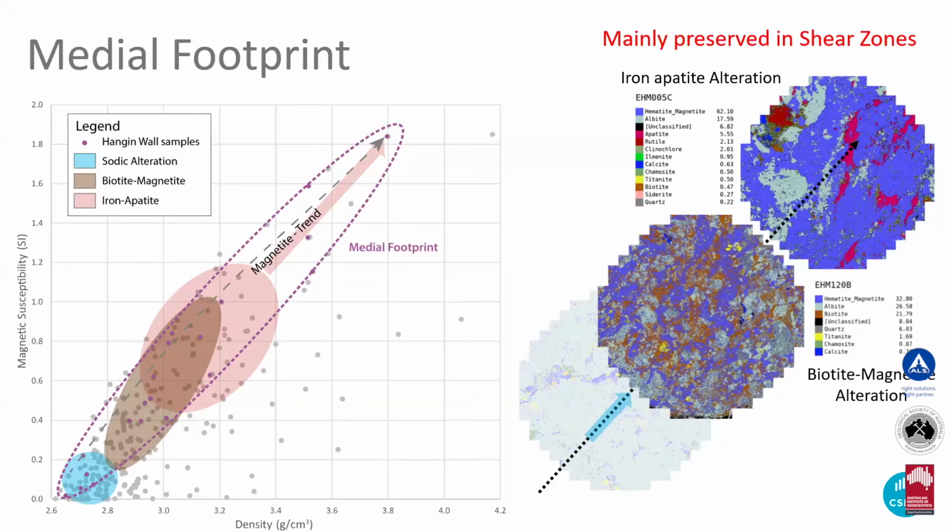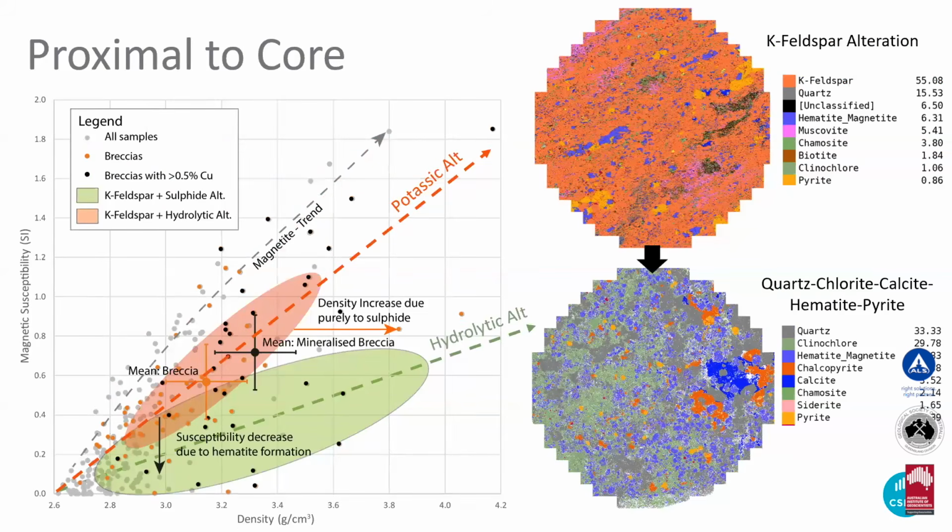Well, it might not be me who made that up, but once we get into the breccia, here we have pretty typical K-feldspar alteration. So it's microcline, quartz, a bit of magnetite, but a lot more muscovite and chamosite, and a little bit of pyrite starting to come in here as well. So here, we're really starting to come off this magnetite trend in orange.